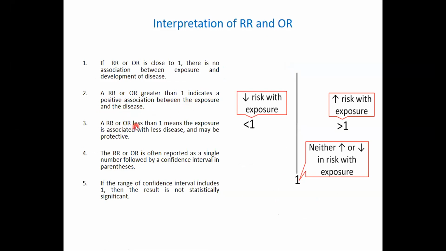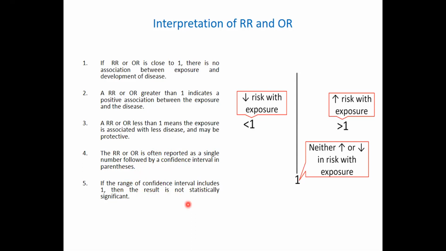A relative risk or odds ratio less than 1 means the exposure is associated with less disease and may be protective. The relative risk or odds ratio is often reported as a single number followed by a confidence interval in parentheses. If the range of the confidence interval includes 1, then the result is not statistically significant.